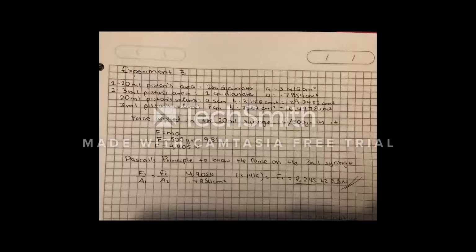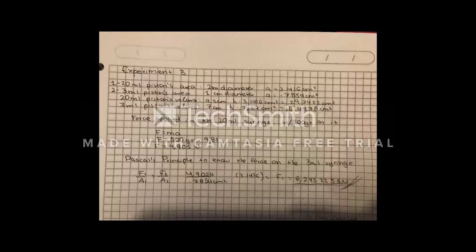And we use the formula force equals mass times acceleration. The mass was 500 grams and the acceleration is 9.81. The total force is 4,905 newtons. Then to know the force on the 3 mm syringe, we had to use Pascal's principle. Force 1 over area 1 equals force 2 over area 2.